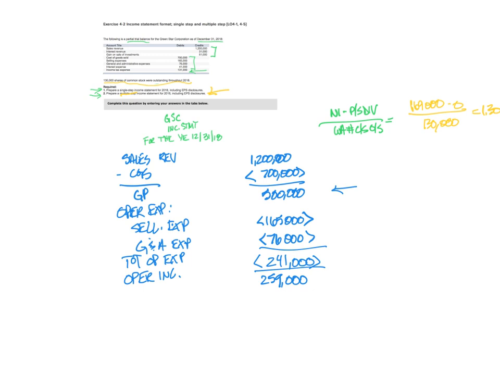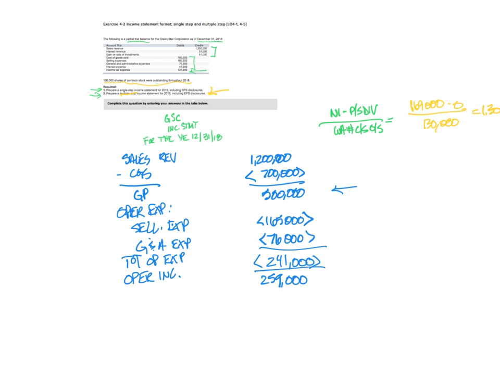Remember, this is historical information that we're compiling here, but we're using this with a predictive value focus. So what can we learn from this historical information that helps us predict future cash flows? And so by indicating what operating income is, we are telling the user of the financial statements, here are our results from our core operations. And so this is 259,000.